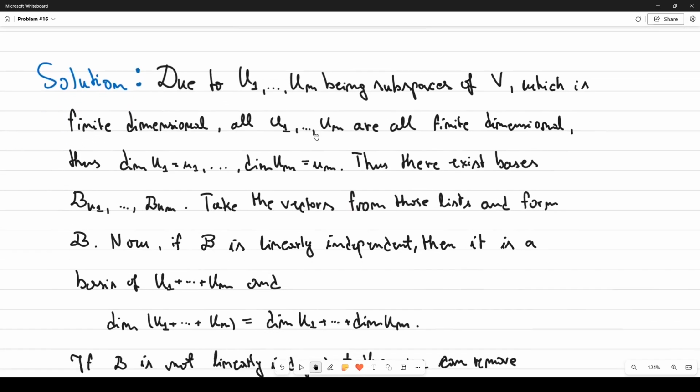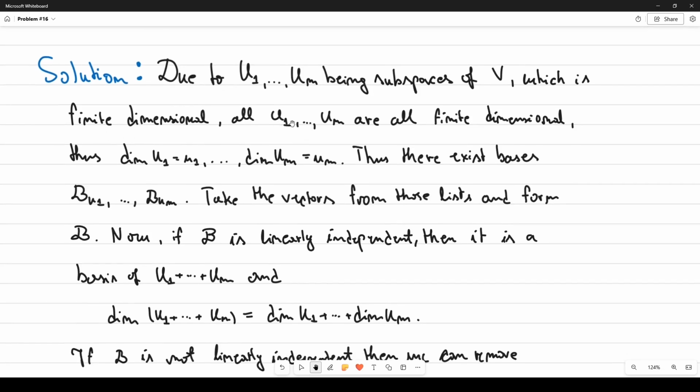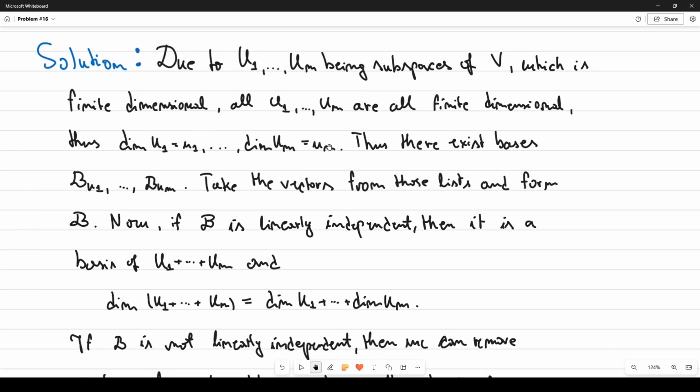So due to all of these U1 to UM being subspaces of V, which is by our assumption finite dimensional, all U1 all the way to UM are all finite dimensional. Thus, they all have some dimension. So U1 has dimension little u1 and so on.